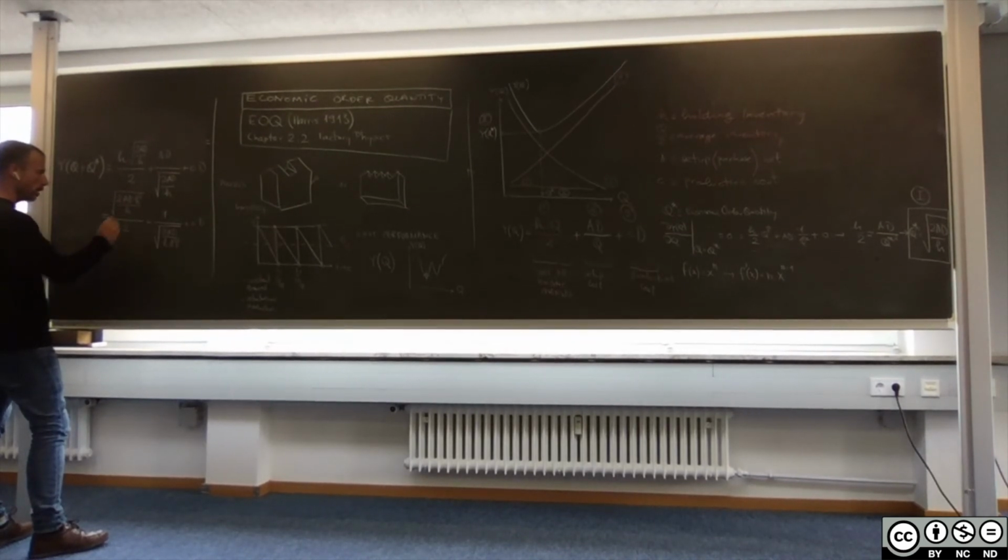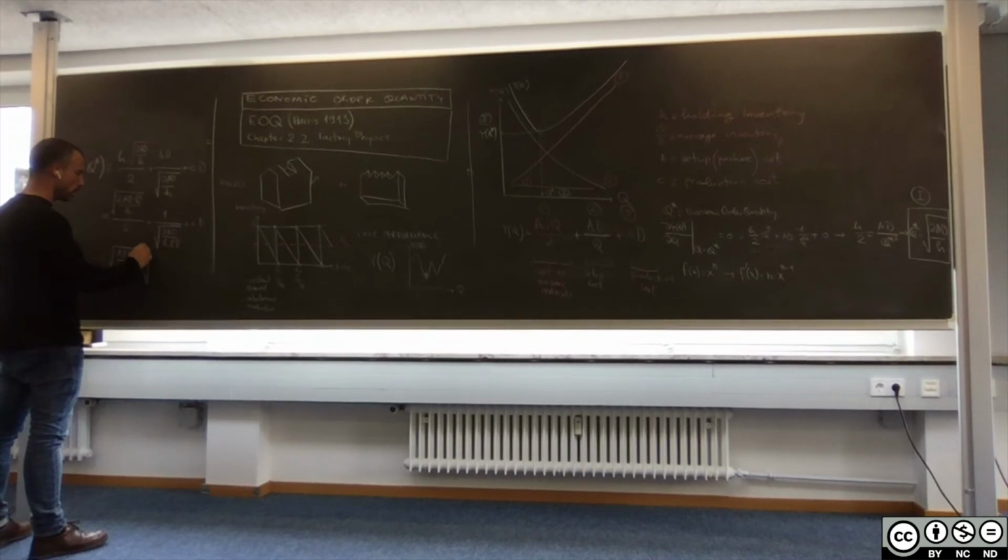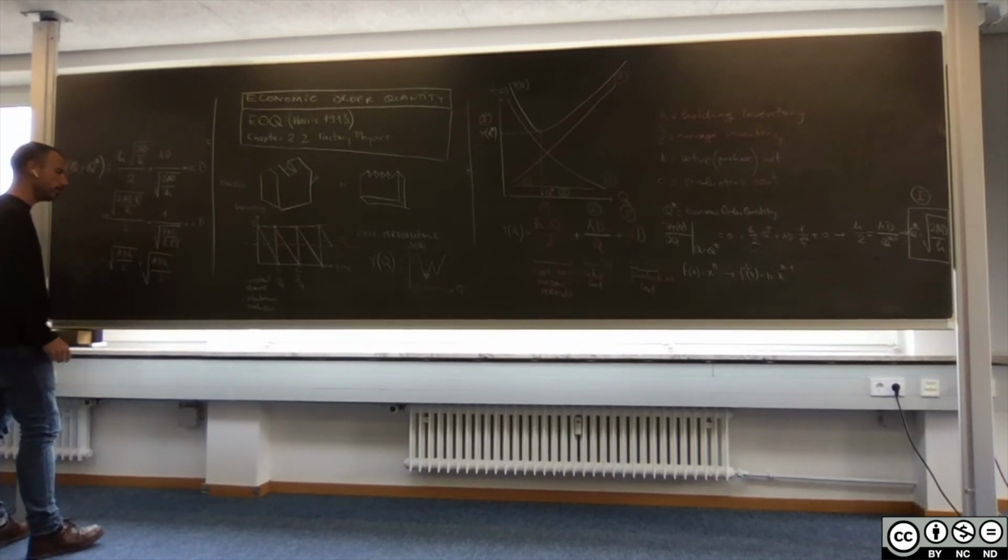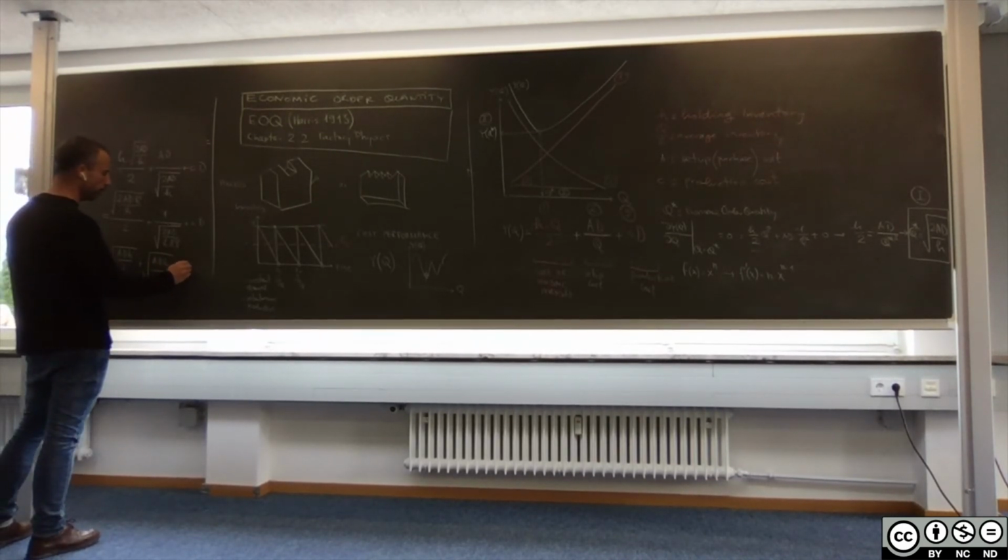And this equals, so the square eliminates this, and then the 2 goes in, so we have ADH divided by 2 plus ADH divided by 2 plus CD.